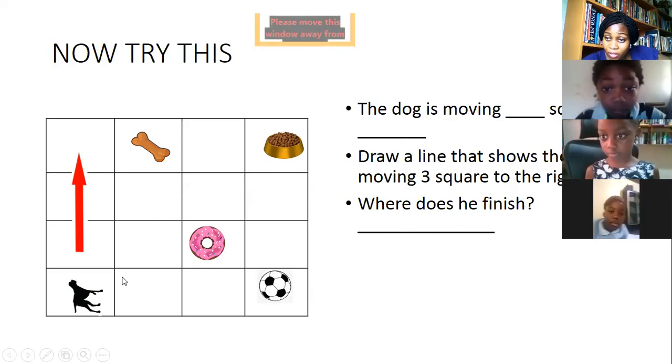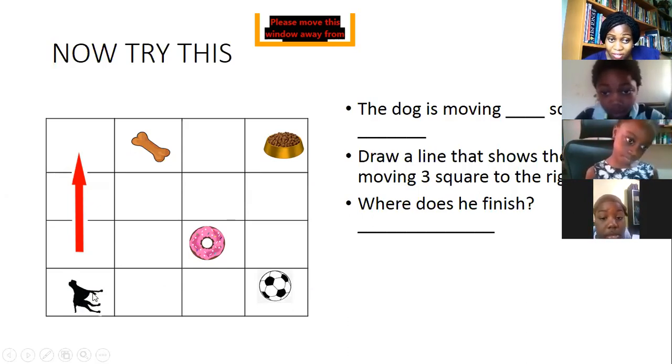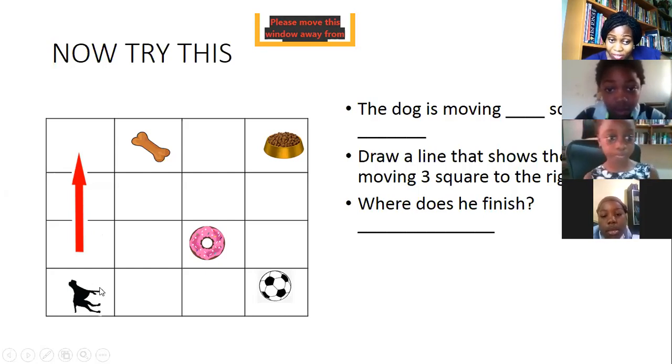Is that the right-hand side of the dog? Look at the direction the dog is facing. The dog is facing this direction. So imagine you are standing in the position of the dog. Where will be your right side? Is it towards the bone? Because towards the bone is up, forward, ahead of you. So where will your right side be?